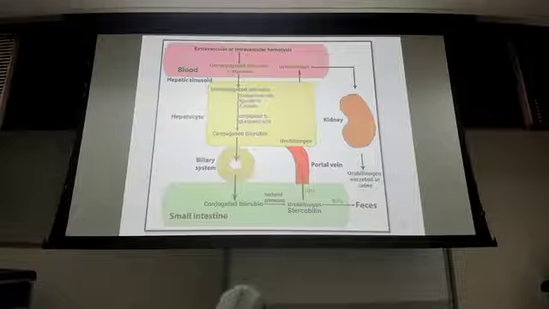Bacteria is going to do its thing, start breaking it down, and then we're going to have that urobilinogen. This is just an overview of everything we talked about on the slide as far as the conjugation of bilirubin and the steps, those 4 steps.